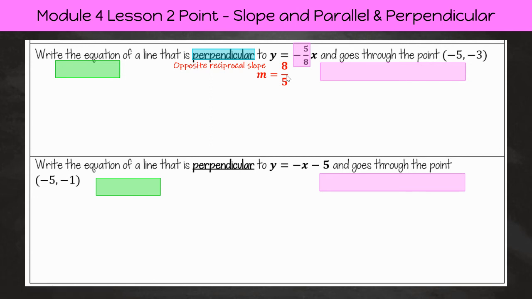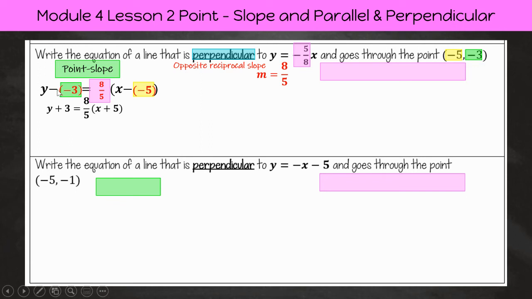So we know our slope will be 8/5, and then we're going to plug in our x and y values. So first we're going to do point slope. So we're going to do y minus a negative 3 is equal to 8/5 multiplied by x minus a negative 5. So when I have these double negatives, remember, it's really showing a positive, so I simplified that to y plus 3 is equal to 8/5 multiplied by x plus 5, because again, I had double negatives.